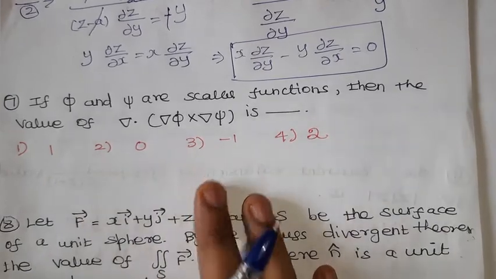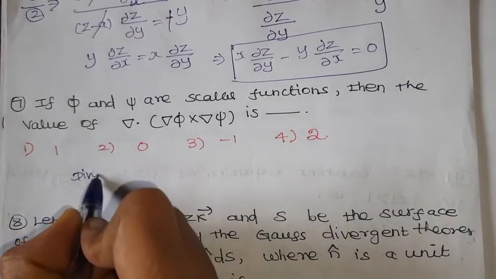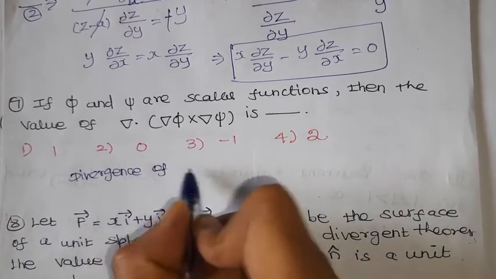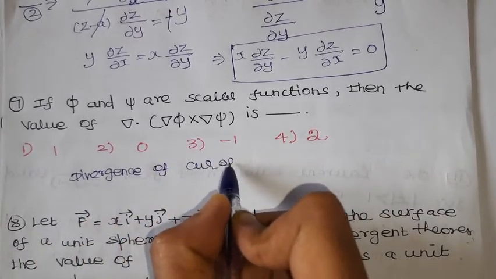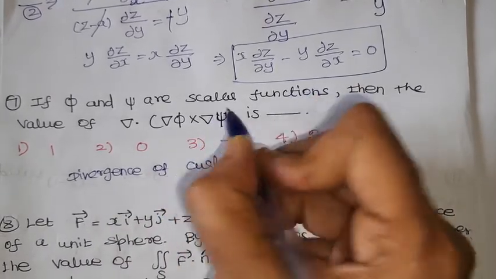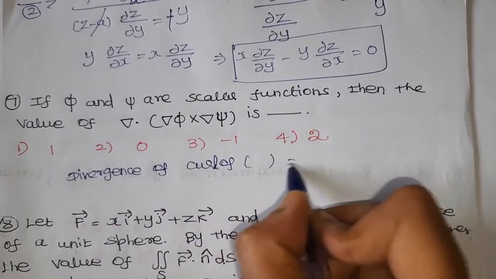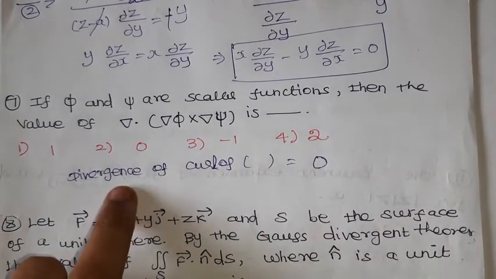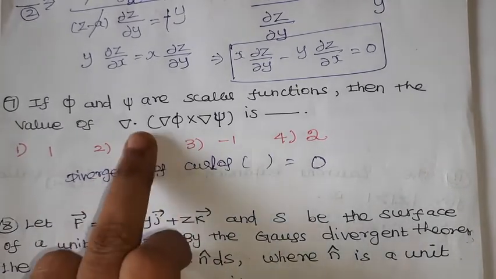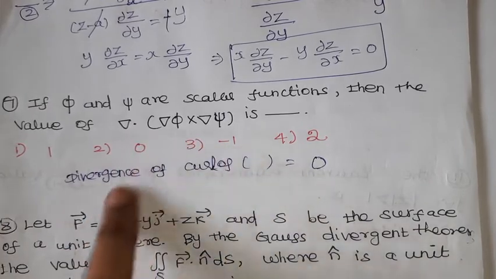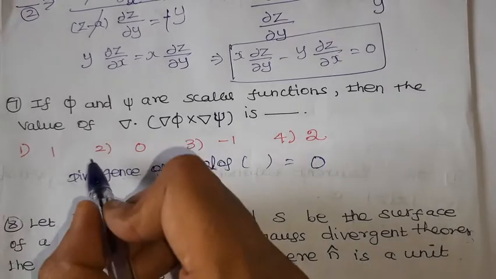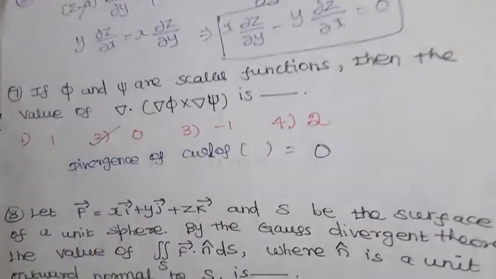When we take the divergence of the curl of some function, we will get 0. It is one of the properties in vector calculus: divergence of curl is nothing but 0, so no need to solve this. So option 2, 0, is the right option for this problem.